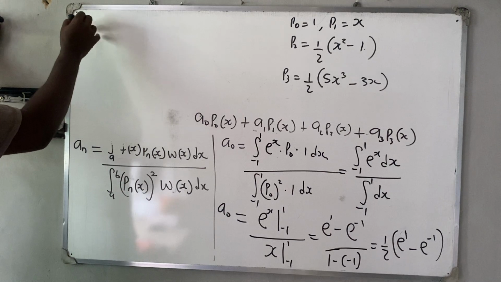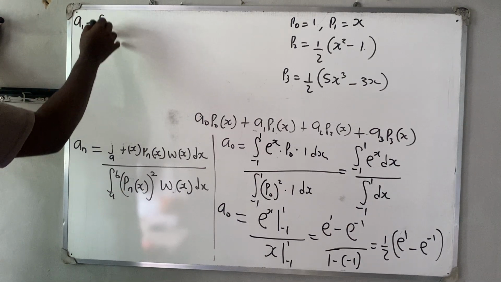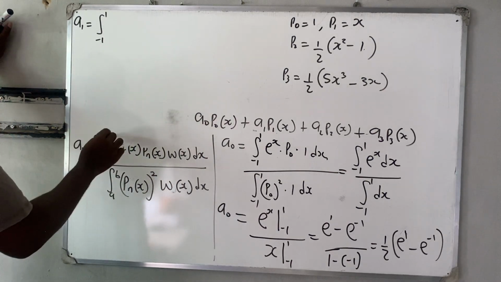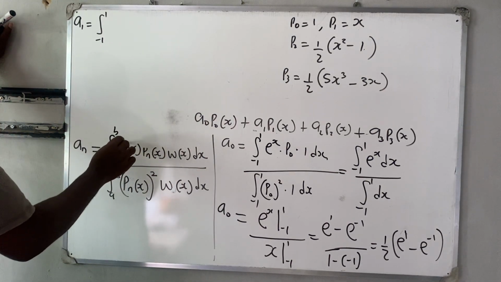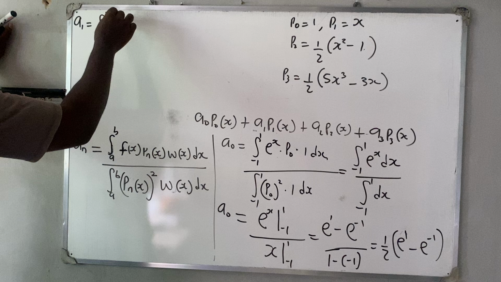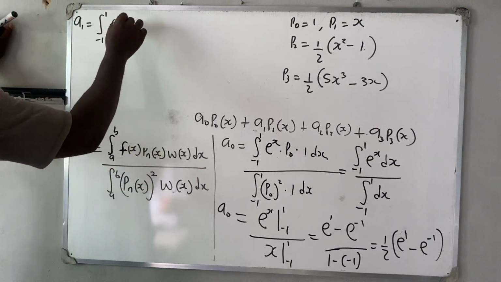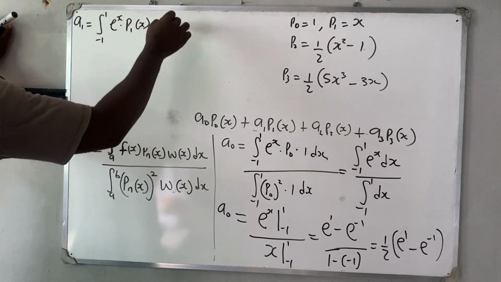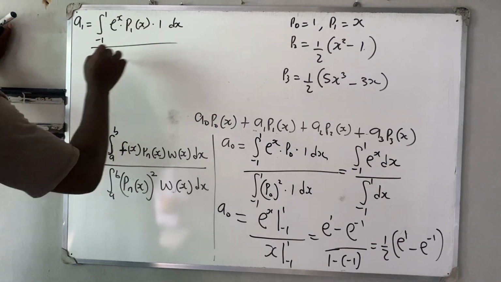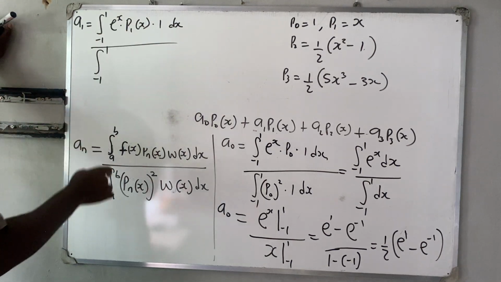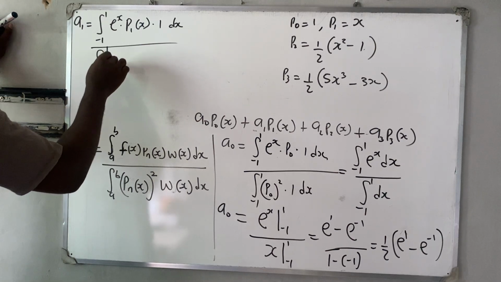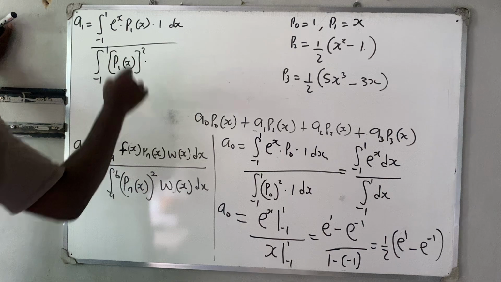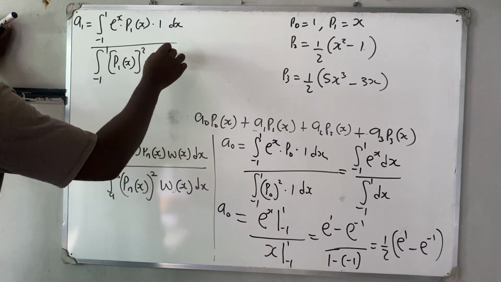So to get our a1 is now the integral from minus 1 to 1 of f of x. F of x is what? Exponential x. We have p1 of x. Weight function is always 1, does not change. The x all over the same thing again, minus 1 to 1, p1 of x all squared multiplied by weight function 1 dx.